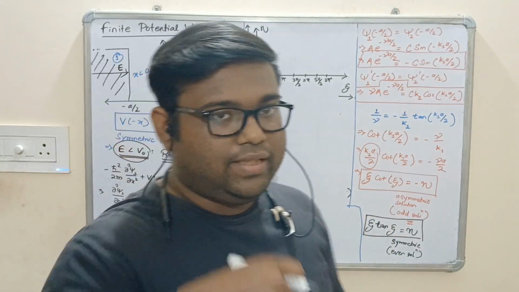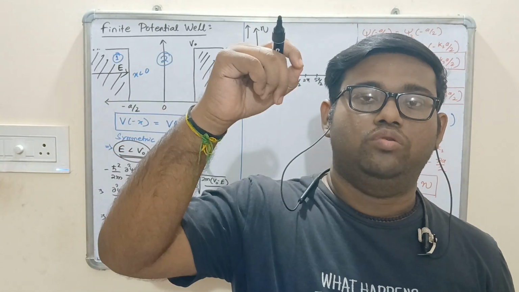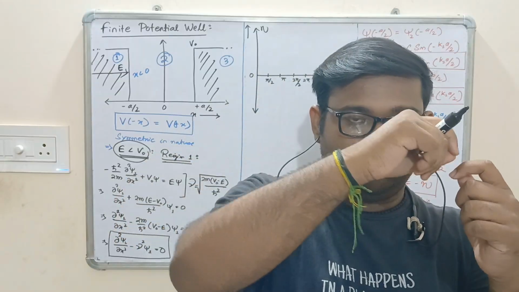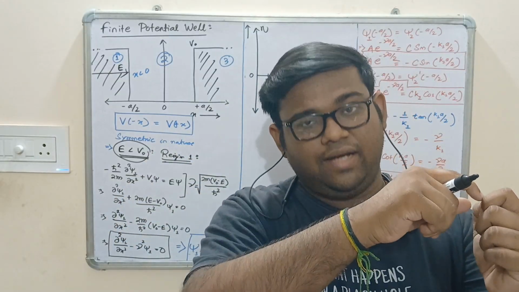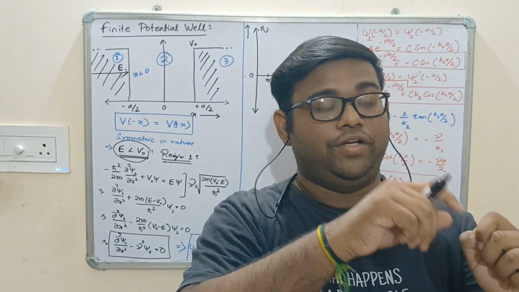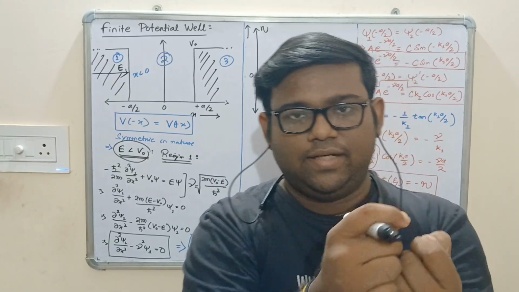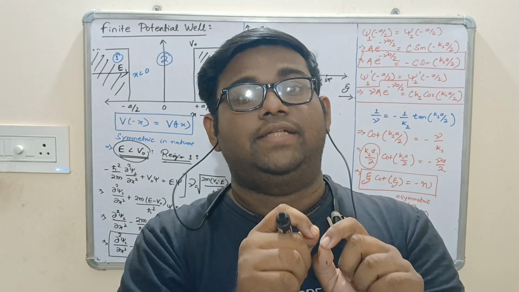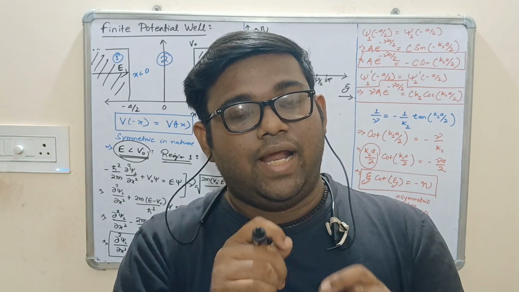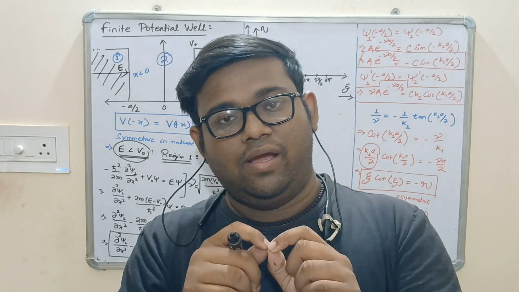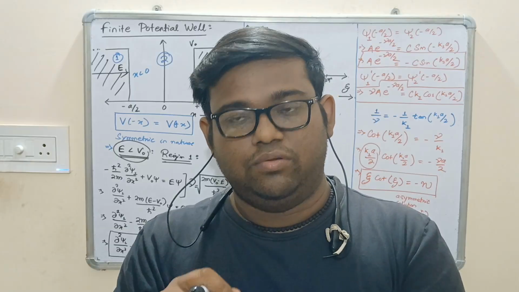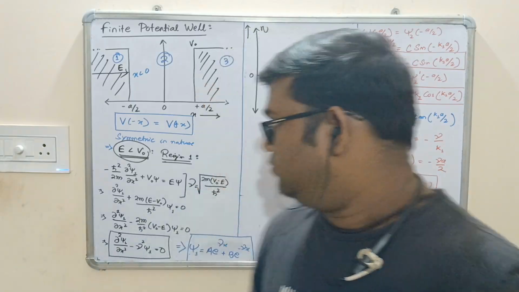Now we know tan theta goes to 0 at theta equal to 0, and tan theta goes to infinity at theta equal to pi by 2.